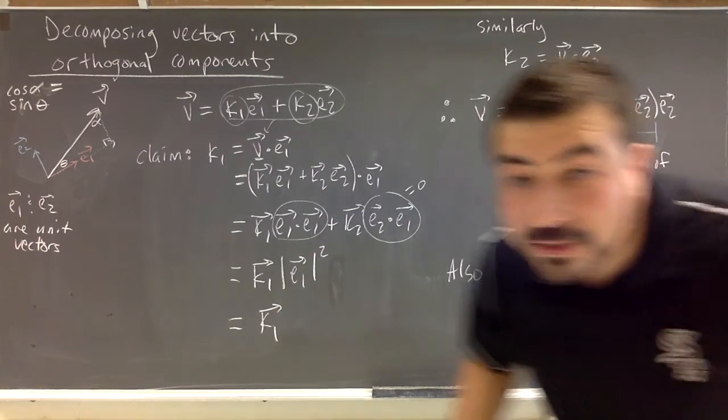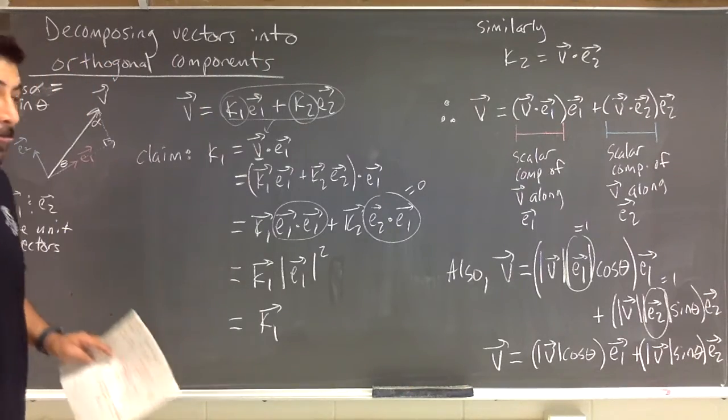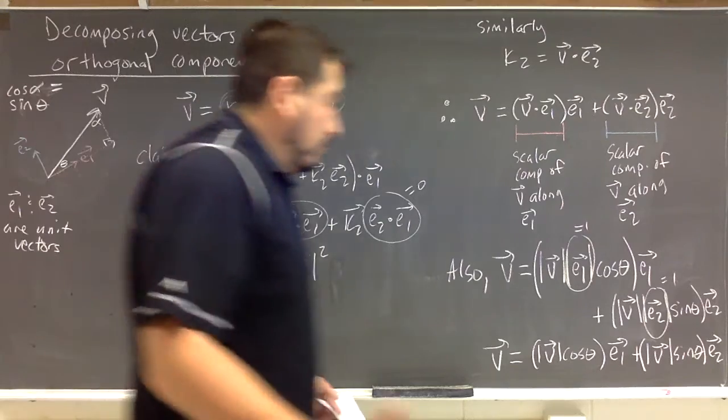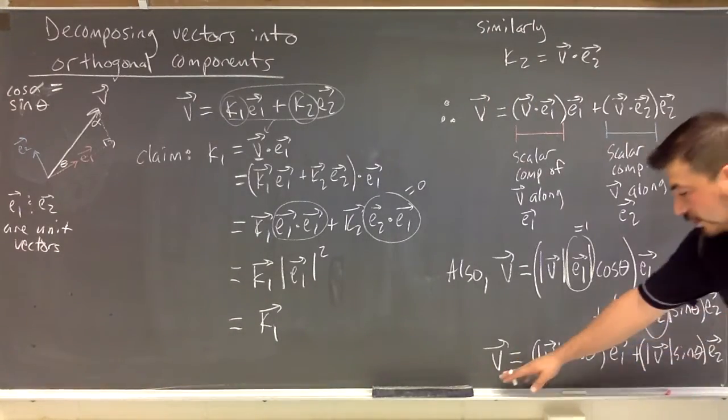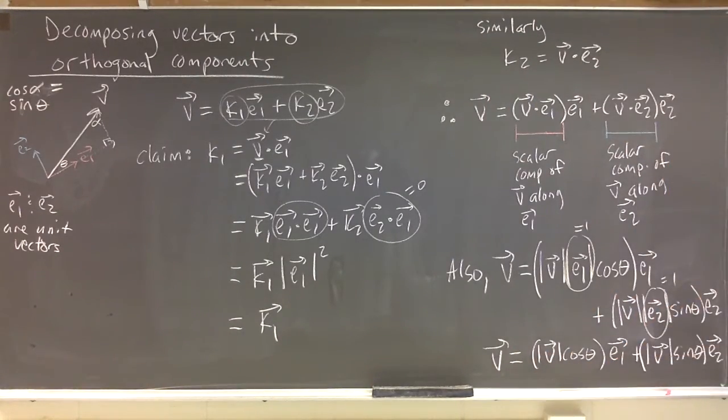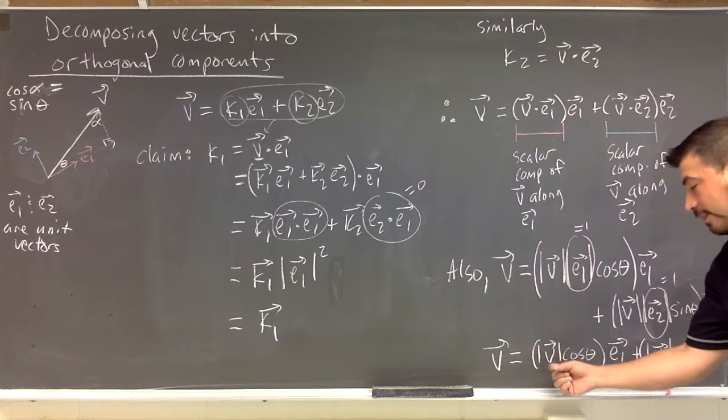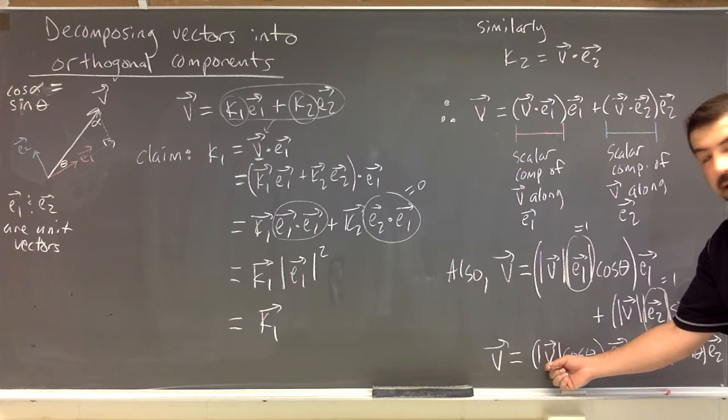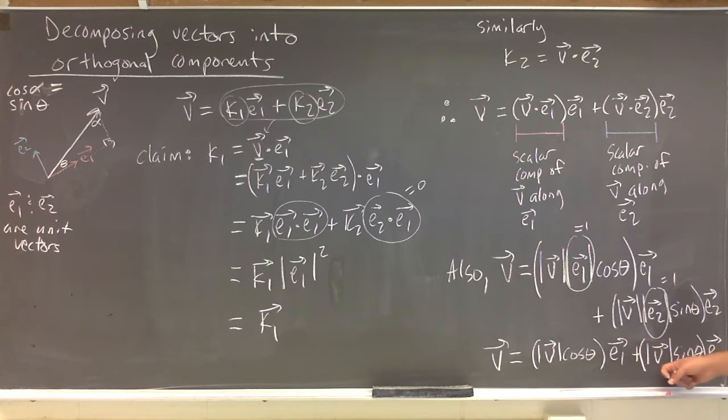Is that still on the screen? Yeah, just barely. Okay. And so this is what you're used to doing when you have a vector and you're splitting it up into vertical and horizontal components, but really what we're saying here is any direction. You're just going to have the magnitude of the vector that you're splitting up times the cosine, and the magnitude times the sine, which is exactly what we've established here.